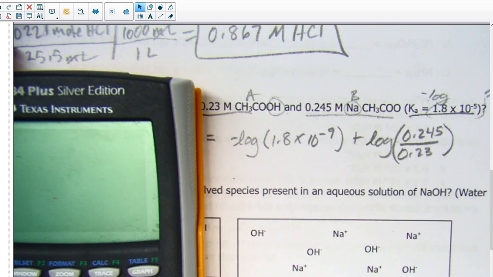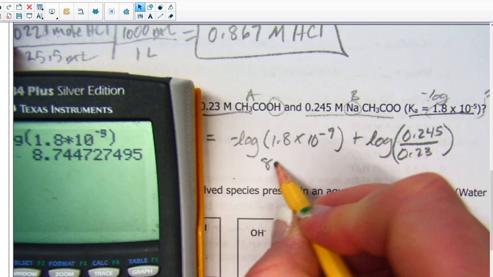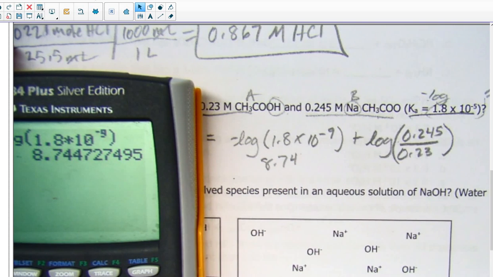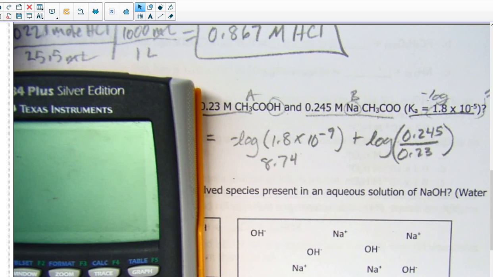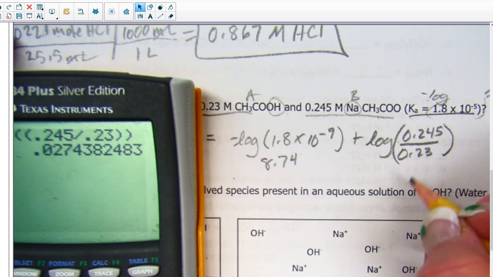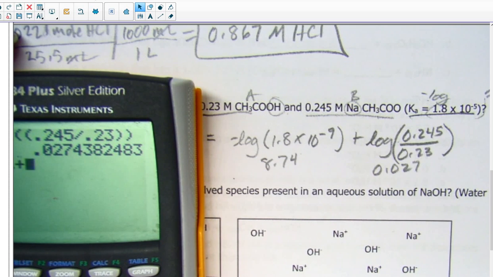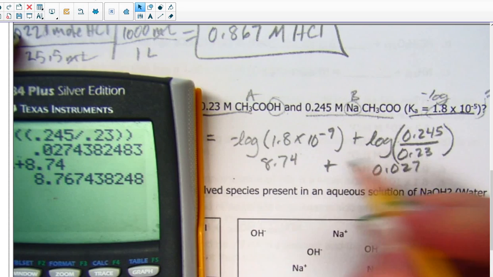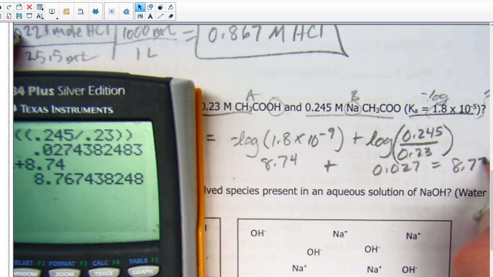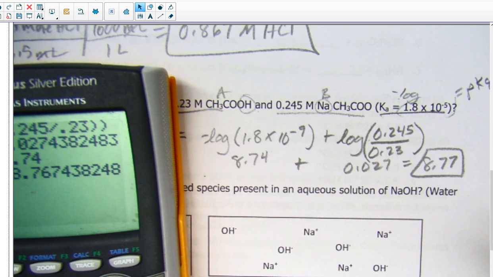Clear, minus log 1.8 times 10 to the negative 9, close parentheses, we get 8.74, and then clear. We take the log of the concentration, 0.245 divided by 0.23, close, and we get 0.027, and we add that to 8.74, and we get 8.77 as the final pH. So it would be basic.